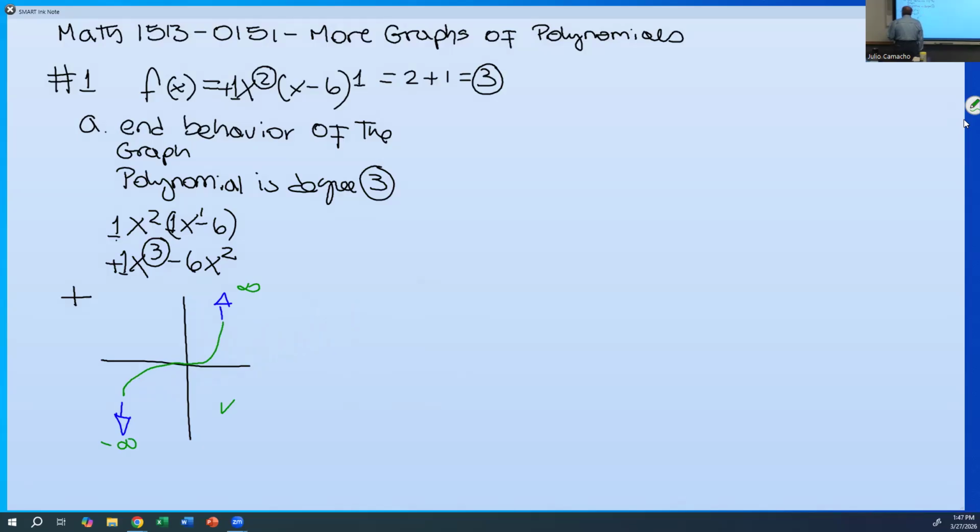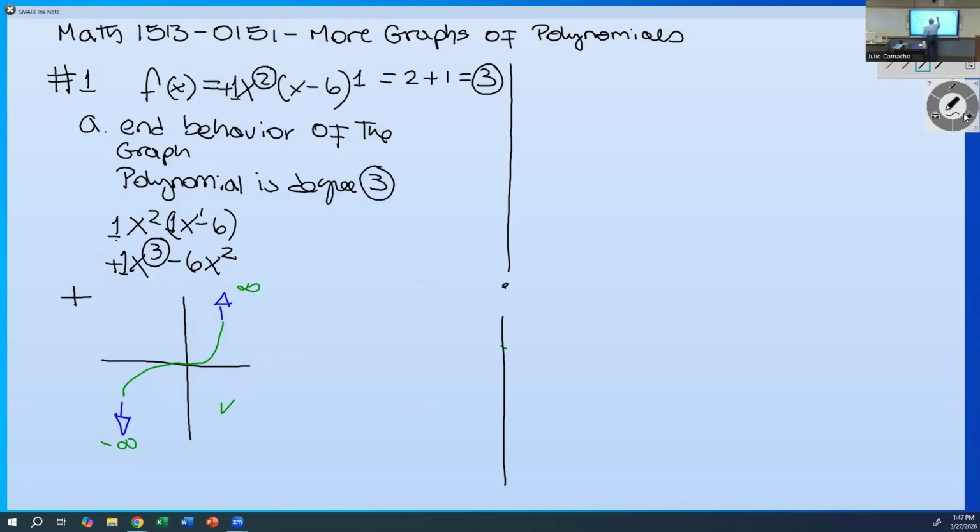If we have already found the degree and the behavior, now we need to find the intercepts. So the second question that they are asking in question number 1, or B, is to find the intercepts.